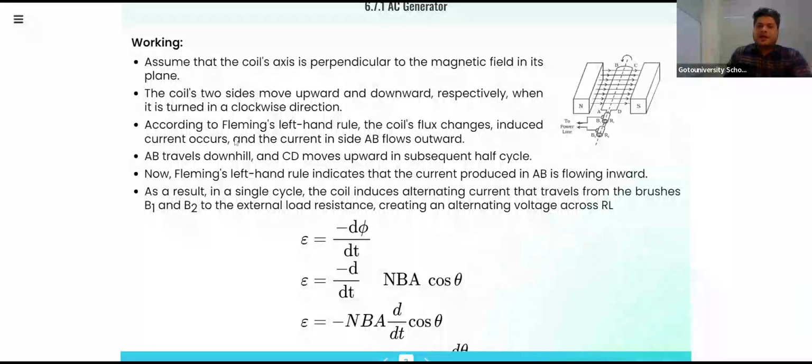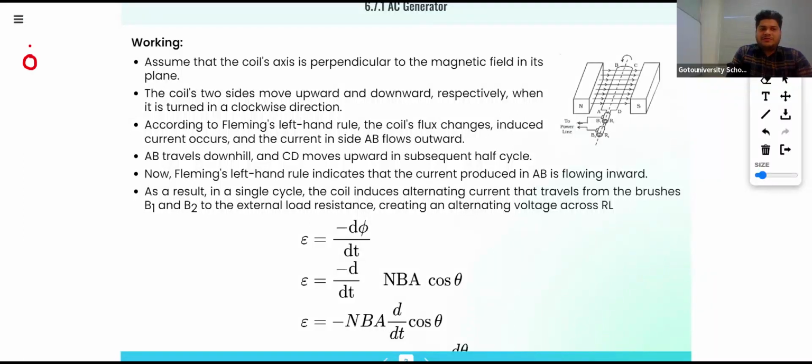See, we know that E is equal to d phi by dt. But what is phi? Phi is equal to BA cos theta. If there are N number of turns, we can use NBA cos theta. So phi will be equal to NBA cos theta.